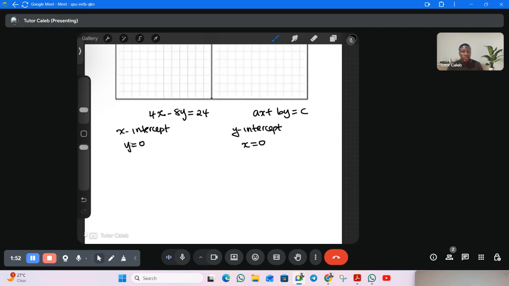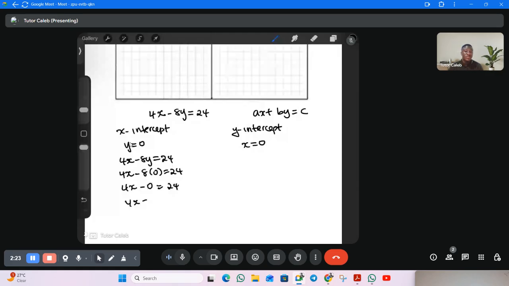So for each case, for the x-intercept, we can plug the value of y to be 0 and see what we get. We have the equation 4x minus 8y equals 24. So if we plug in y equals 0, we get 4x minus 8 times 0 equals 24. This will give us 4x minus 0 equals 24, and 4x equals 24.